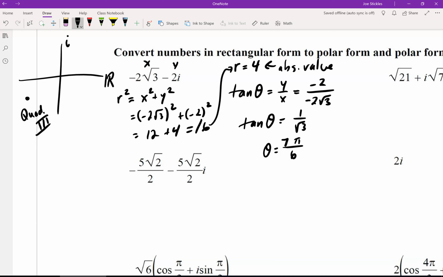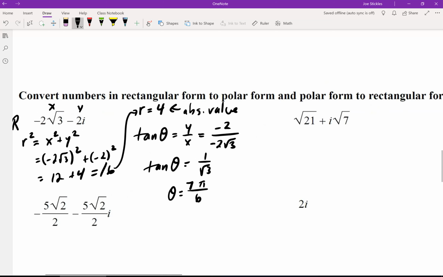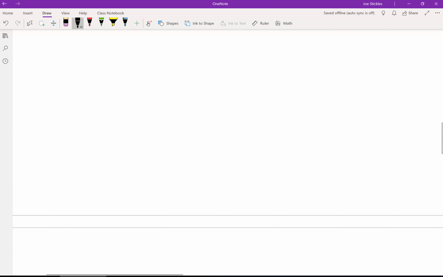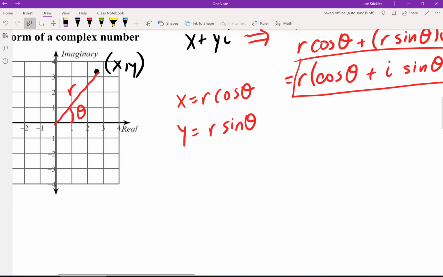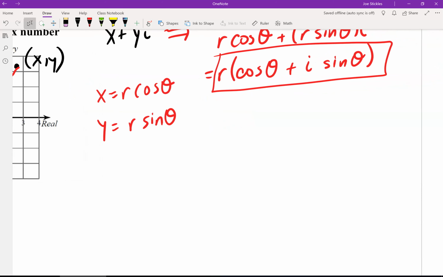All right, so we found the r, we found the theta. So the last thing here that we need to do is write this in polar form. Let's go back up to the formula real quick here. So back up here, the formula says that we write the r out in front and then do cosine of the angle plus I sine of the angle.